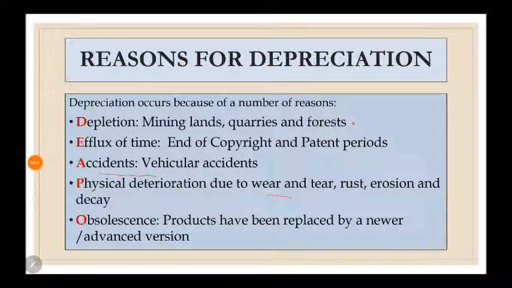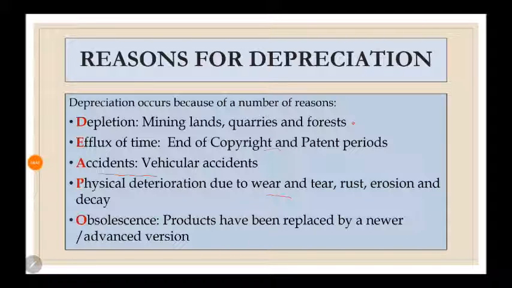Then you have things like copyright. If you invent something, let's just say an innovative pair of sneakers that could actually lift you off the ground, you only have 20 years that you can use that patent, that right for that brand. After that, it's free for all. So your brand will depreciate because other people can start using your brand.